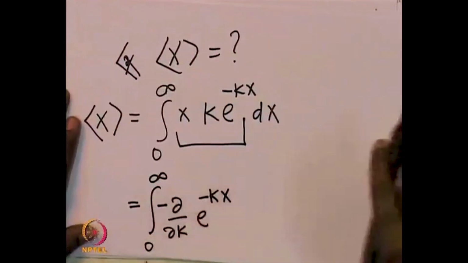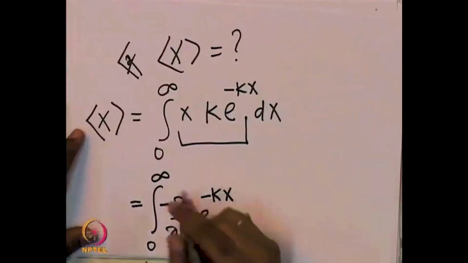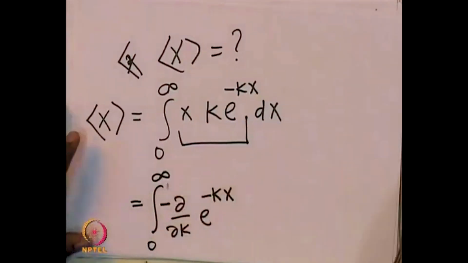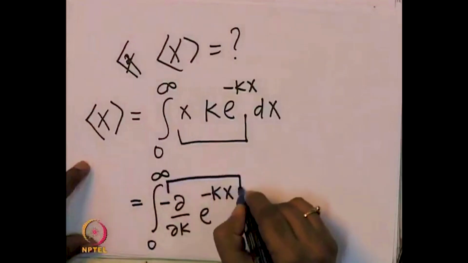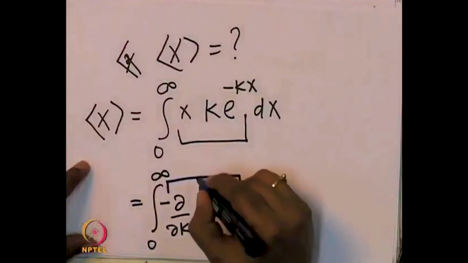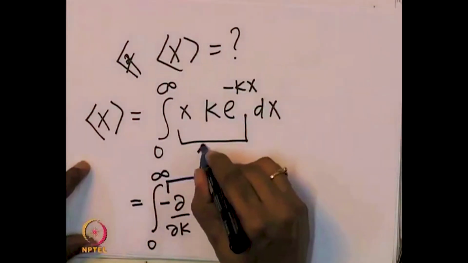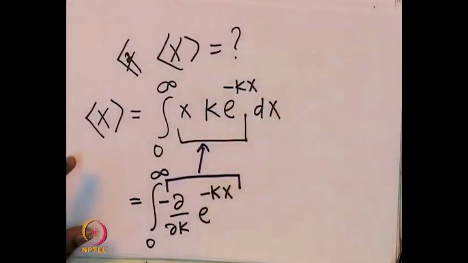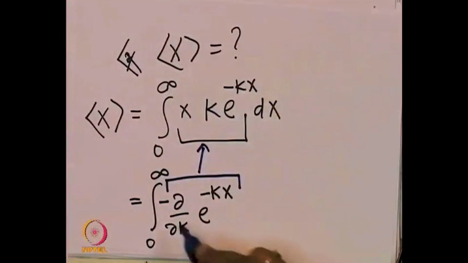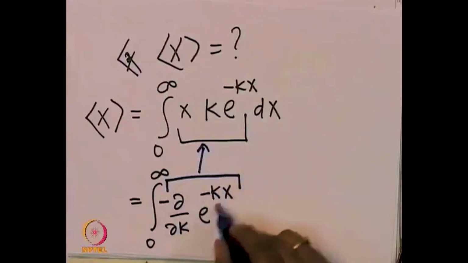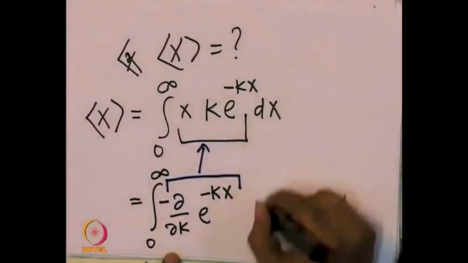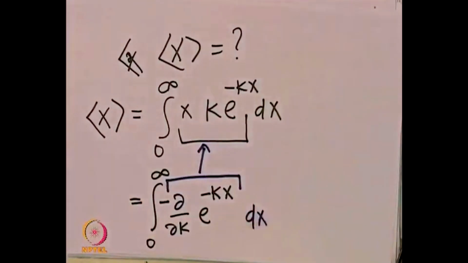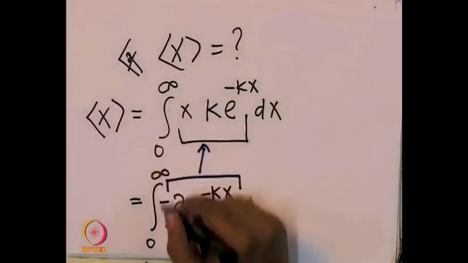If you look at del by del k of e power minus k x with a minus sign, this is x e power minus k x. You can do this yourself and convince yourself that del by del k will give you a minus x, and with a minus sign it will be plus x, and there is a dx here.